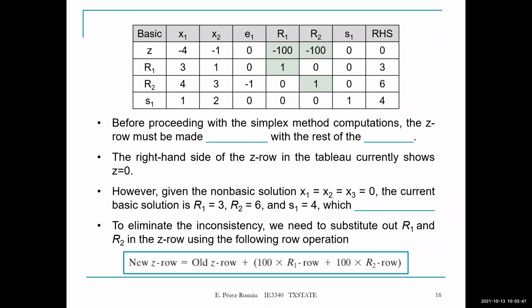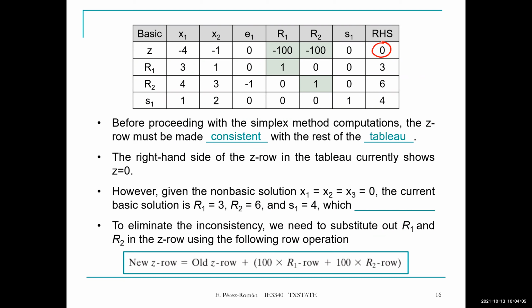So before proceeding with the simplex method, computations for the zero must be made, consistent with the rest of the tableau. The right-hand side of the zero in the tableau currently shows that z is equal to 0. That is this value right here. The objective function is equal to 0.